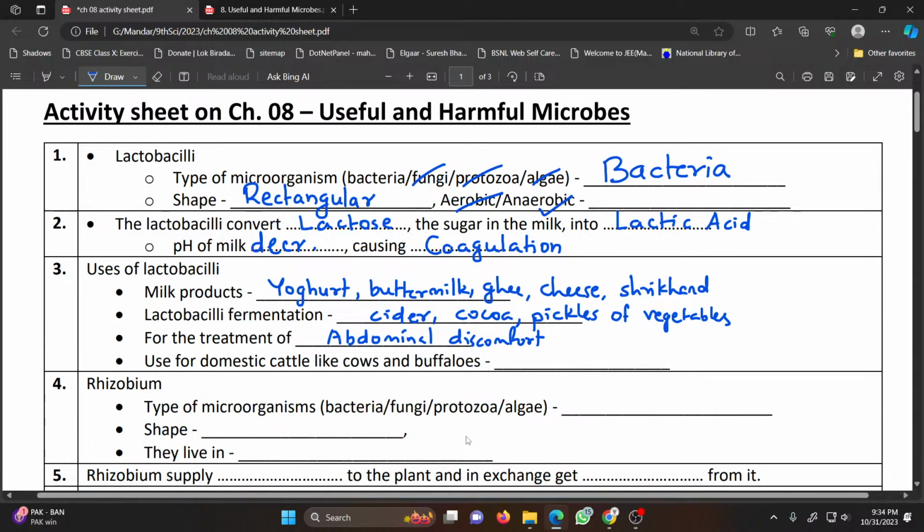For domestic cattle like cows and buffaloes, they are used for fermentation of leavened fodder. So these are the uses of lactobacilli. Apart from that, it is used in fermentation to make certain wines and certain breads.